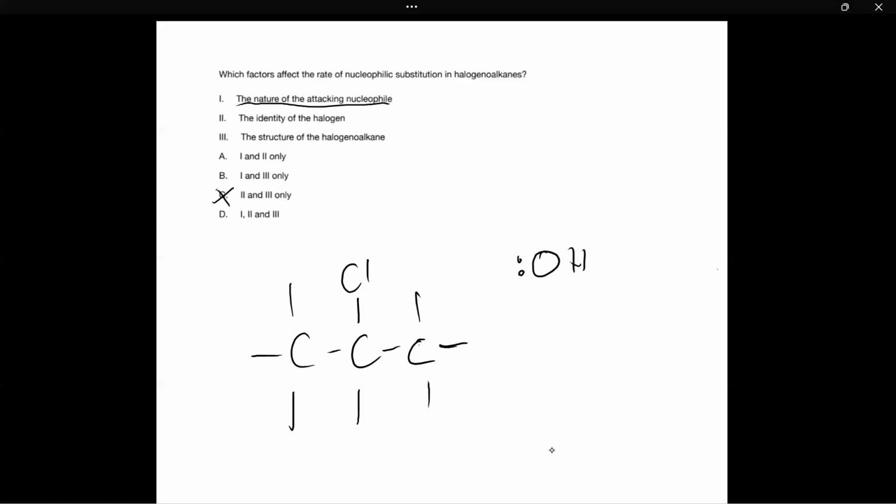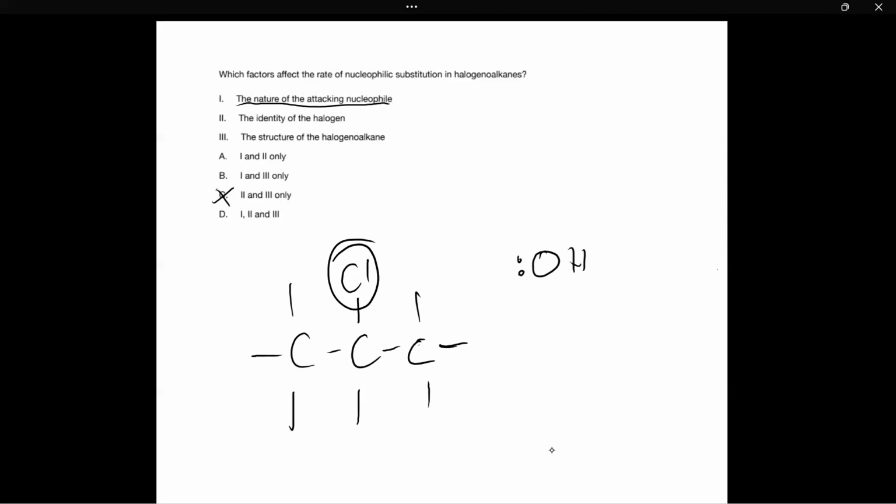The part where the halogen leaves is a slow step, and where the nucleophile comes is a fast step. So automatically, the part where the halogen leaves is the rate determining step, because we've learned previously that the slowest step in any reaction is the rate determining step.